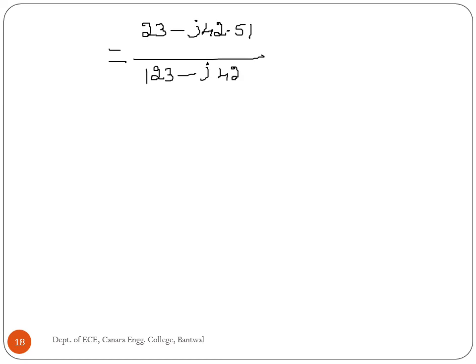After simplifying, we will get 23 minus j42.51 divided by, after adding ZL and Z0, 123 minus j42.49.